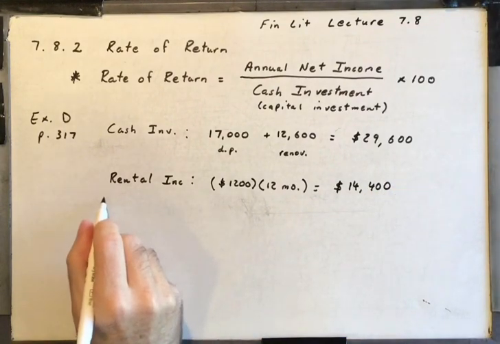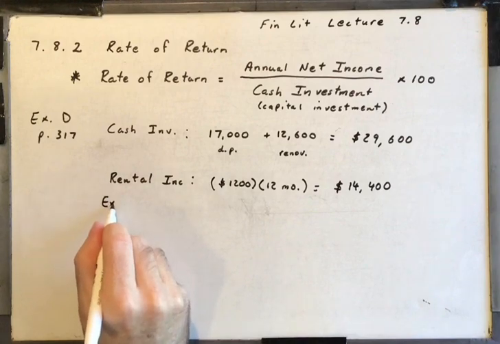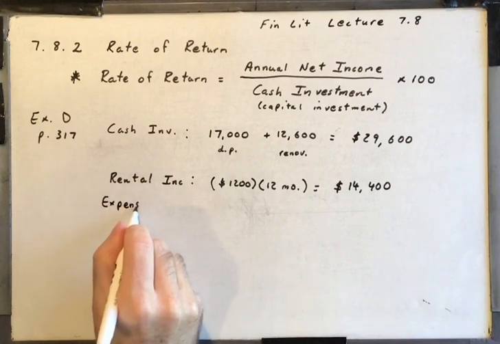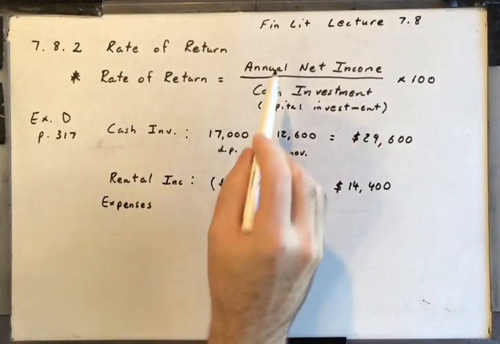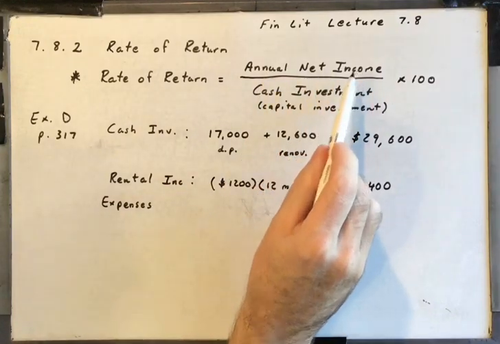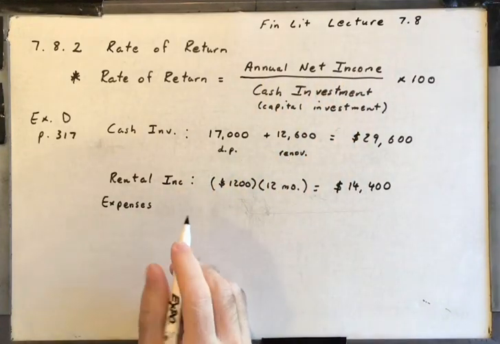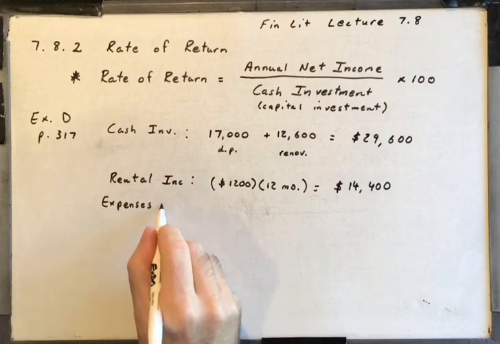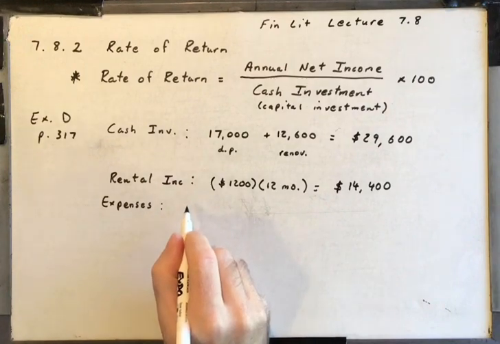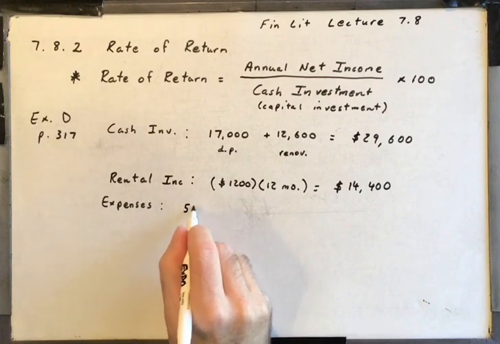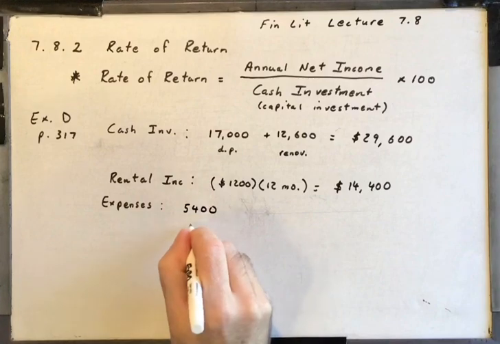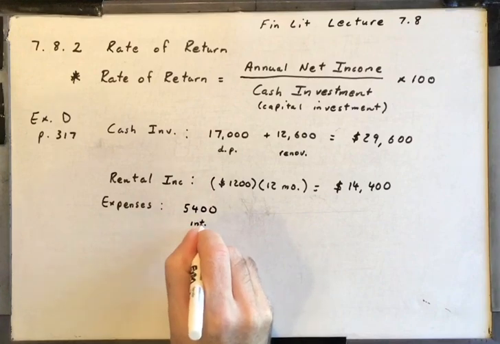And then she has some expenses. Okay, so to get that annual net income on the top, I have to subtract out all the expenses from the rental income. So she has $5,400 in mortgage interest. Okay, so that's just from the problem, so we'll just put interest.